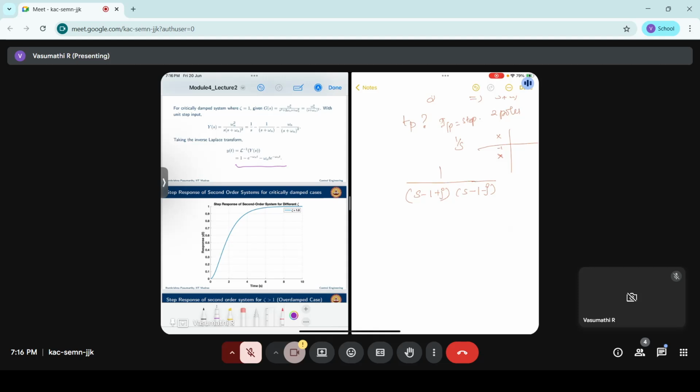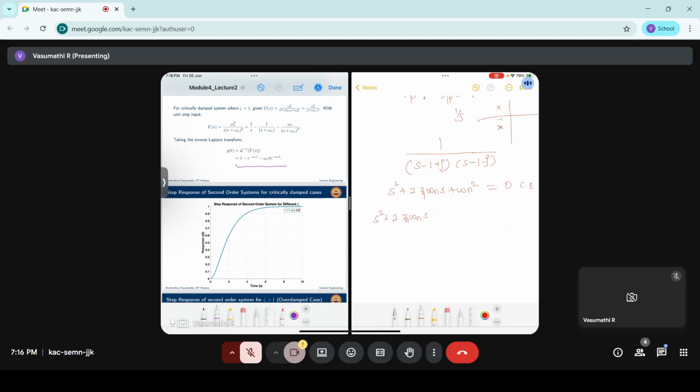If I straight away compare it with the standard transfer function, s square plus 2 zeta omega n s plus omega n square as the characteristic equation, I'm going to equate both. So s square plus 2 zeta omega n s plus omega n square will be equal to s minus 1 plus j into s minus 1 minus j. Right?